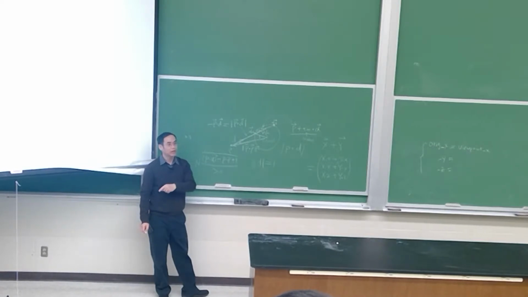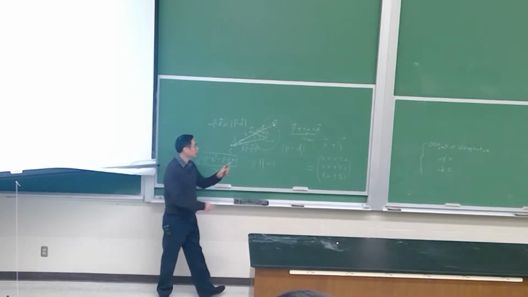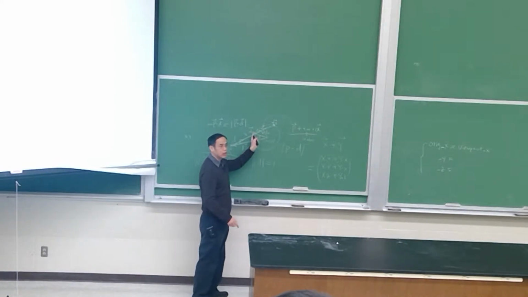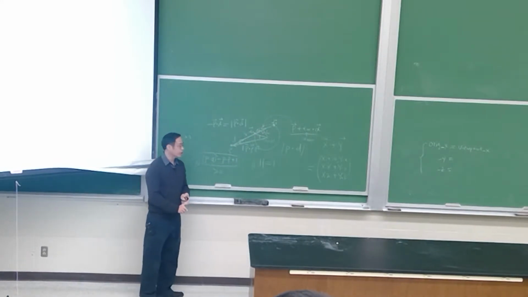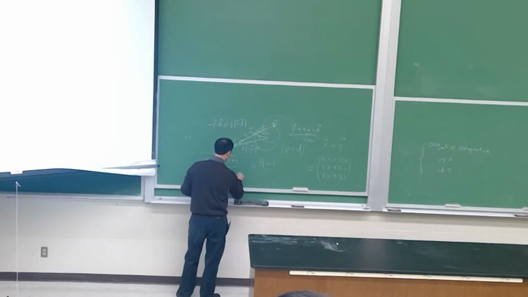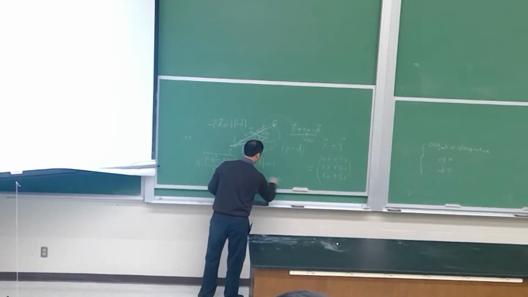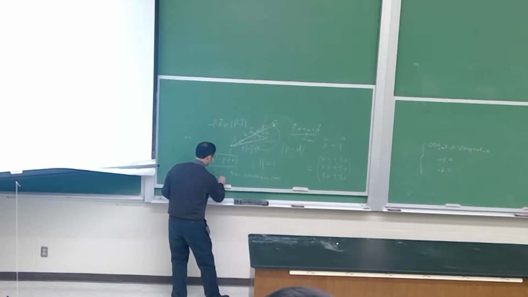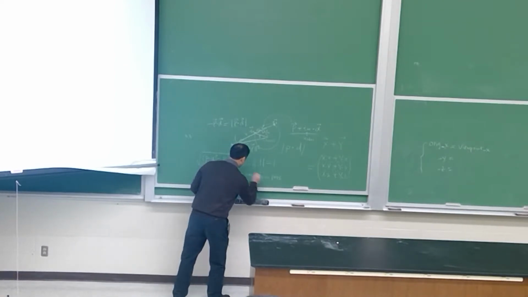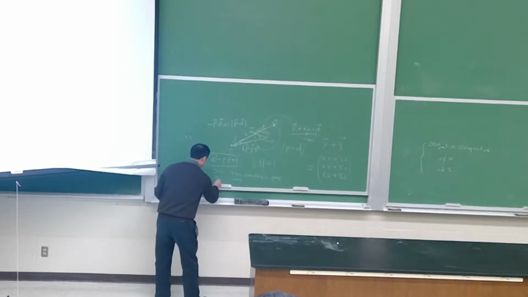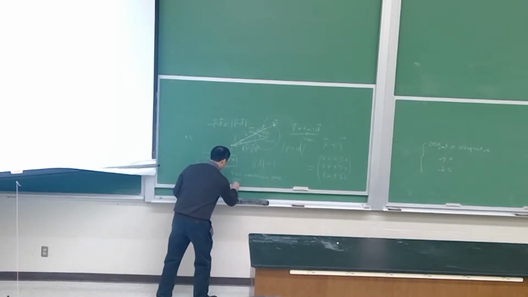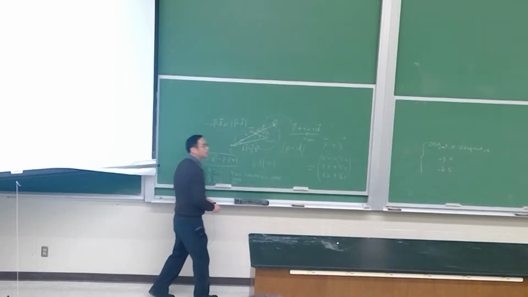Plus and minus of a positive value will give you 2 different points, and those are 2 intersecting points. If this equals 0, you have 1 intersection point. If this is a negative value, then you have no intersection point.